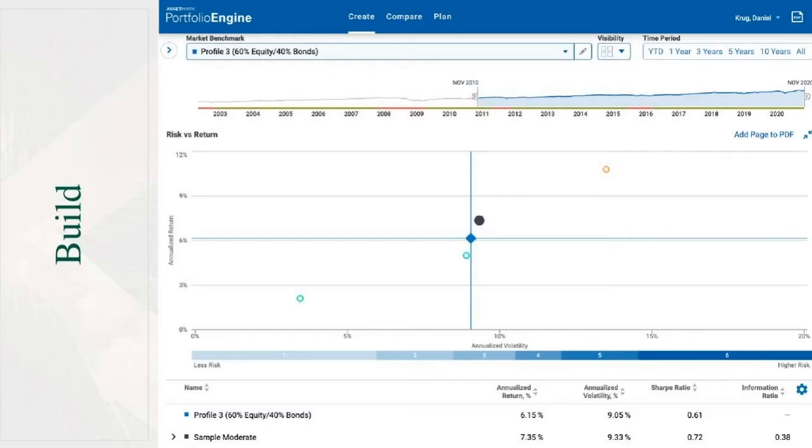If you look at the risk return chart in the center, that black dot is the overall portfolio's risk return. The blue diamond right in the crosshairs there is the old portfolio. And then when you look at the 3 dots, the other dots, you've got one on the left side, that's your IRA, performance and risk.